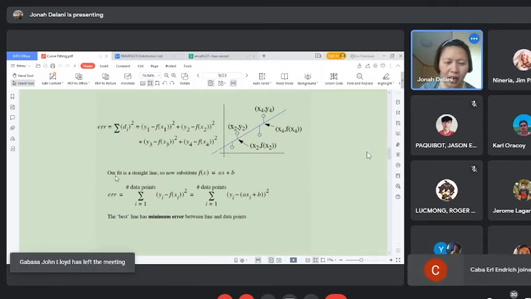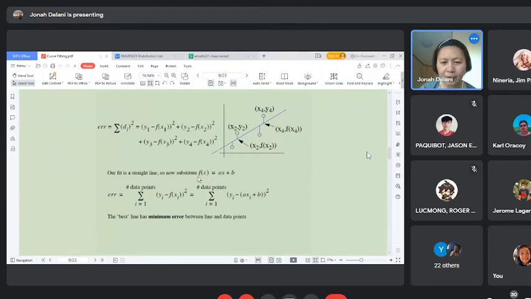That's the root mean square error. So our fit is a straight line. So we now substitute it to the equation f of x equals ax plus b. So ato siyang tanawon, the error would be, of course the best line would have the minimum error between the data points. So we have to know the number of data points. If we look at this, diba?